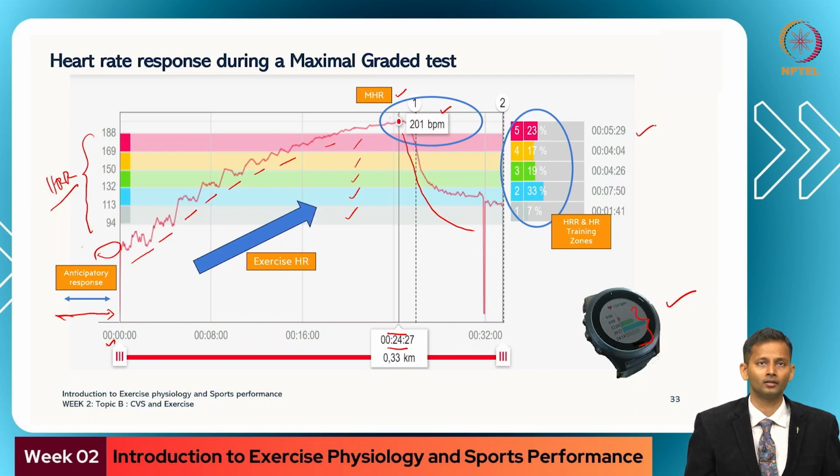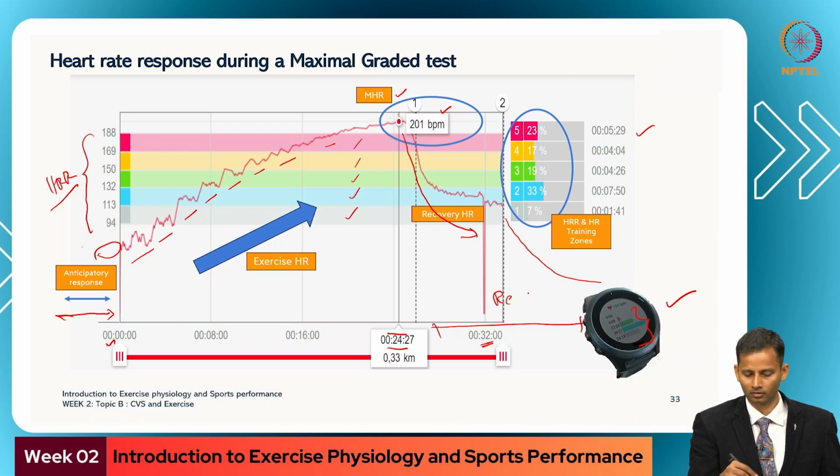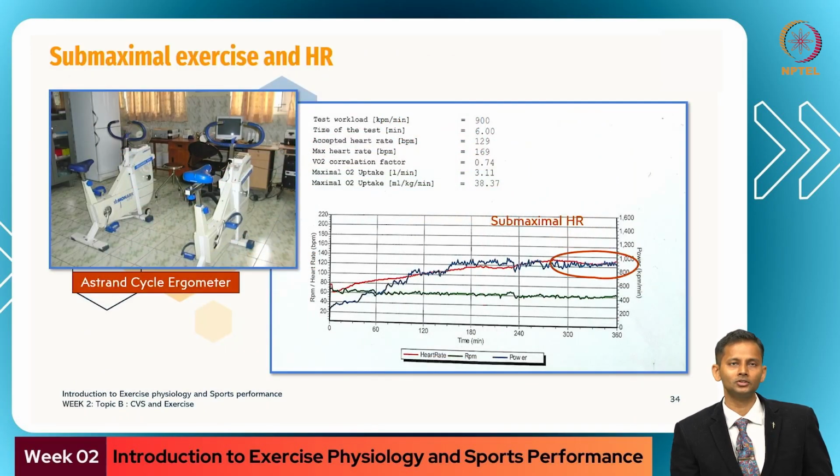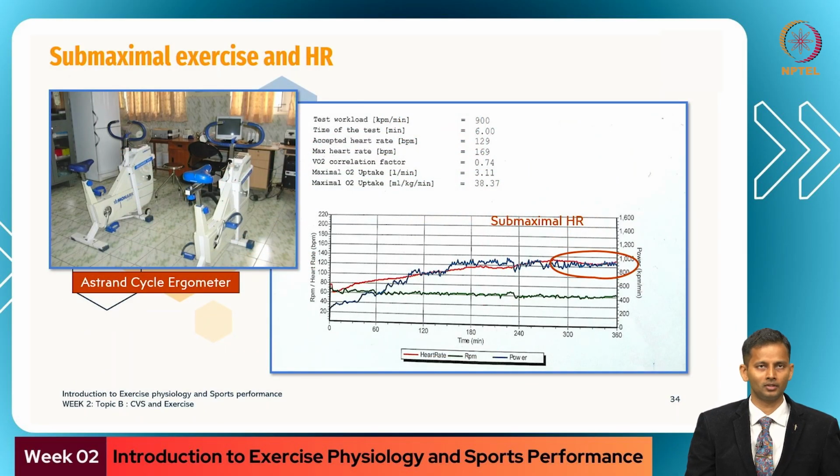And thereafter, with the recovery, the heart rate has started reducing, and it took some time. We have recording only till 32 minutes. Further, it would have taken some time to come down to baseline. So this entire process is the recovery time, and the heart rate that is measured is called recovery heart rate.